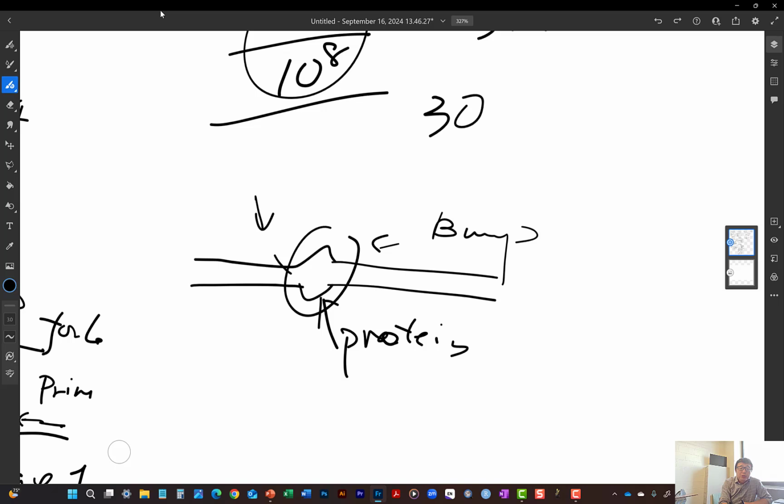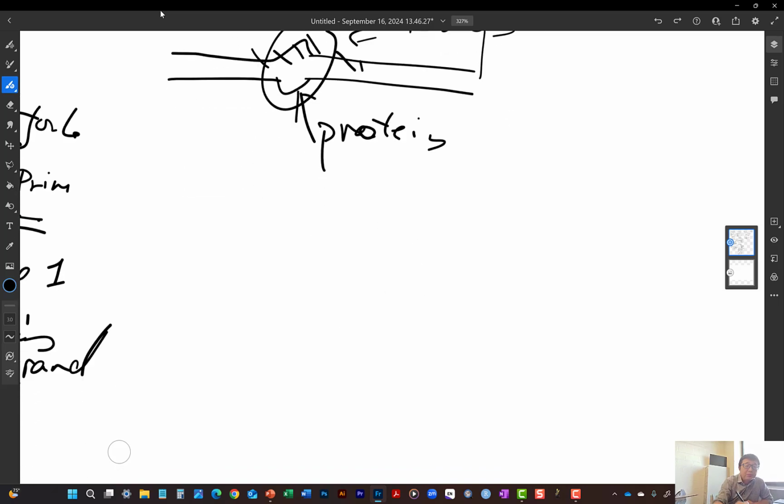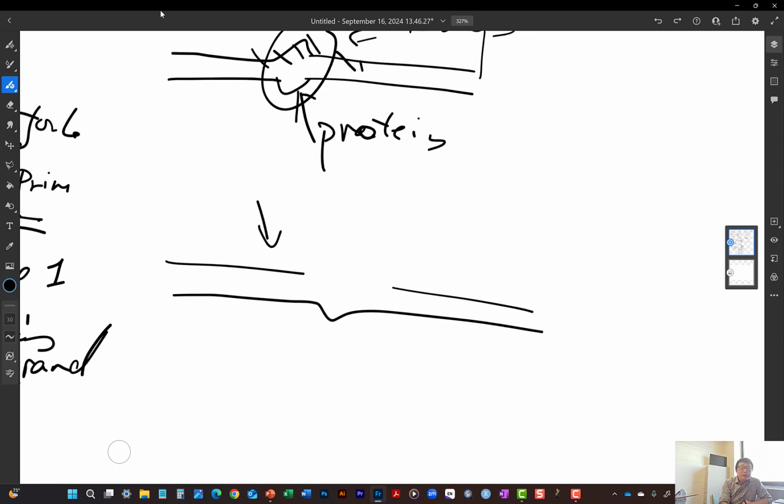Other proteins come to cut it off, and it leaves something like this, a gap. And then DNA polymerase 1 will come to fix the gap. After the second fixation, normally there won't be any error anymore.